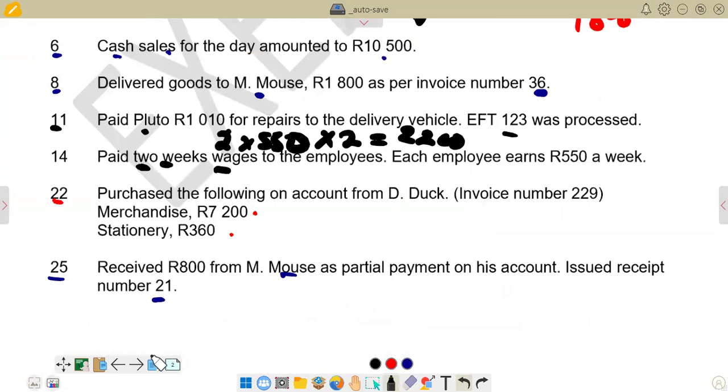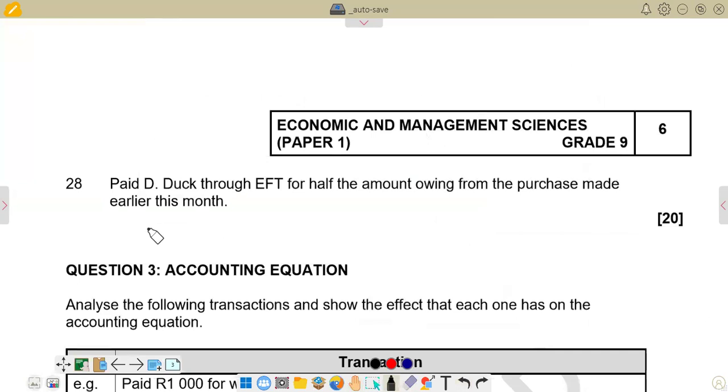So we go to the next page, saying paid Deduct through EFT half the amount we paid earlier this month. So we need to go back and see the purchases we made from Deduct, for which amount, and then we calculate half of that amount and enter it under other payments. Check the actual amount that was paid.